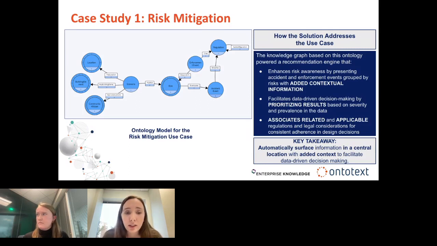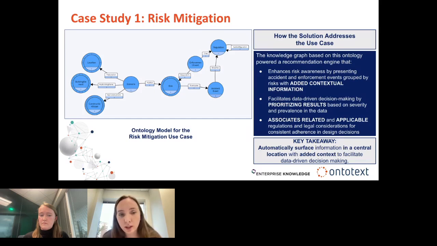So ultimately, the graph that this ontology powered for the recommendation engine would facilitate data-driven decision-making by automatically providing that additional contextual information of the related historical data, past instances that occurred, along with different risks and regulations and legal considerations as well, that they wouldn't necessarily find in the unstructured reports.